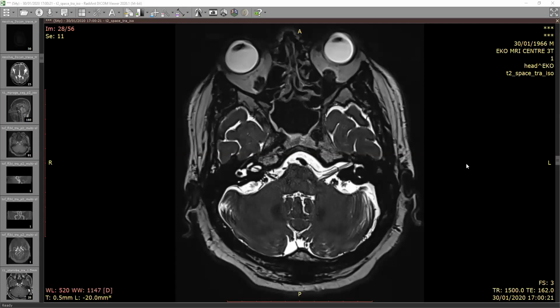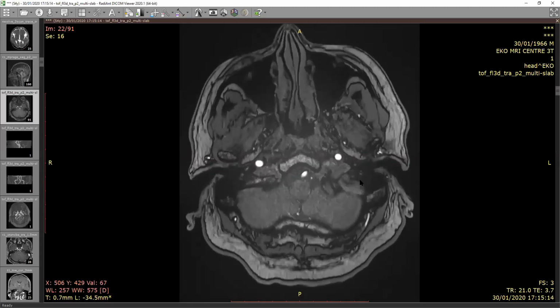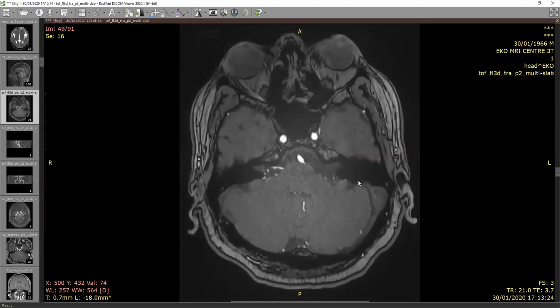Then we come to the specific sequences which help us identify both vessels and the nerves in the same image, which can be either a CISS, or a FIESTA, or as this study says, it can be a SPACE, and so on and so forth. As I said, the time of flight sequence is mainly to study the blood vessel.